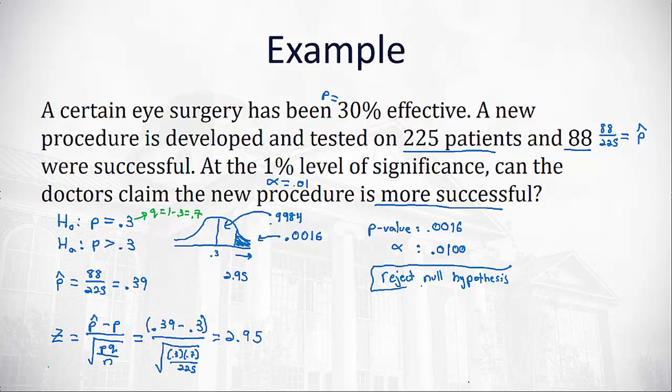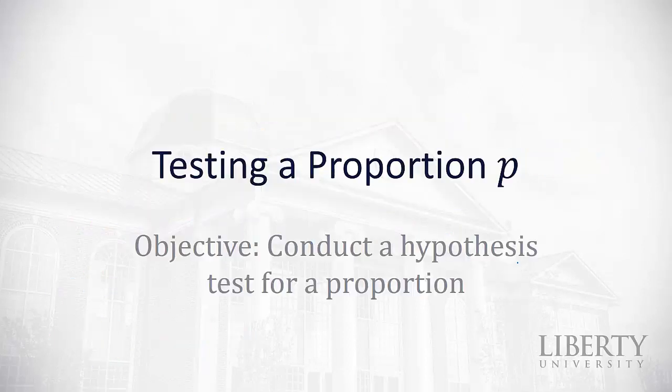In other words, we claim that we have enough evidence to suggest that the proportion of successful procedures is greater than 0.3 or 30%, or we support the doctor's claim that the new procedure is more successful.